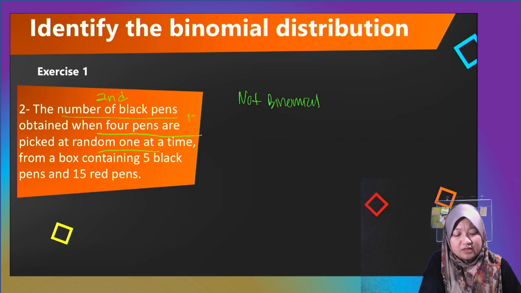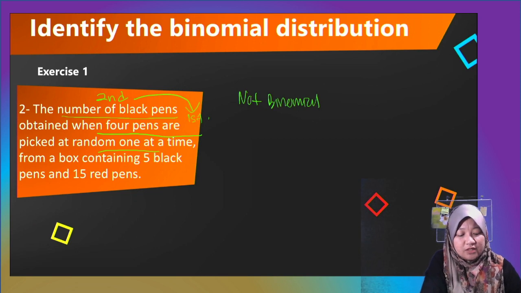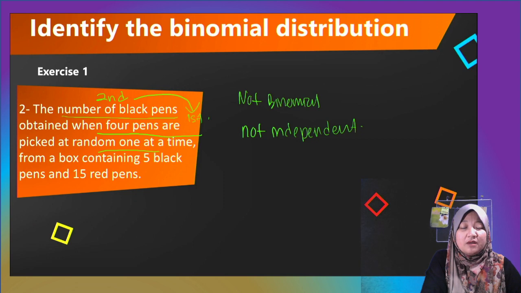This one is the first event, so the second event depends on the first event. So this one is not independent. Alright, so remember, one of the conditions for binomial distribution is independent. Each trial must be an independent event. For this one it is not an independent event, right? So this is not a binomial situation.